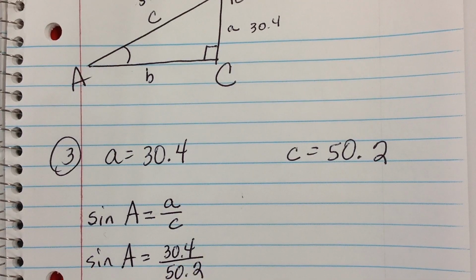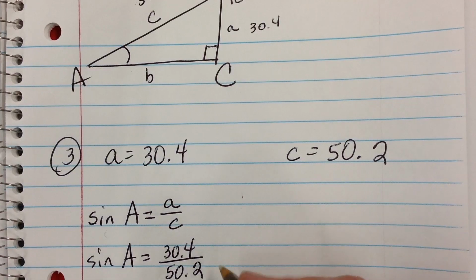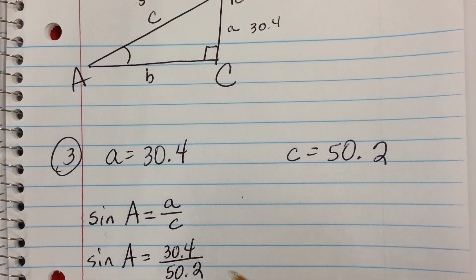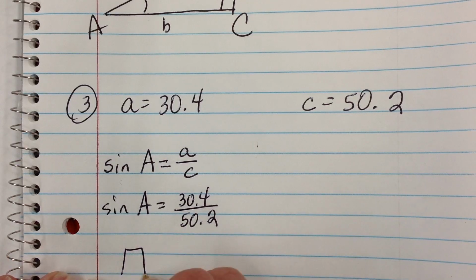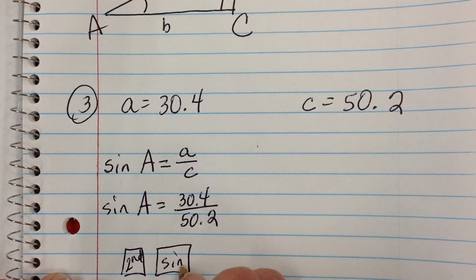Now, we will not actually solve the proportion. Anytime you're missing an angle, the way you will have to put it in your calculator is, you will hit the second button and then you will hit sine.